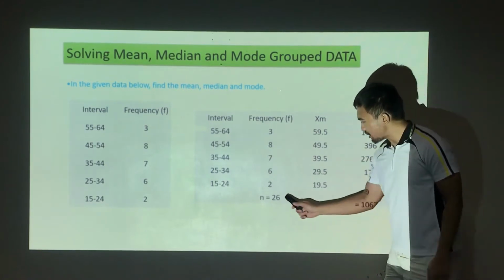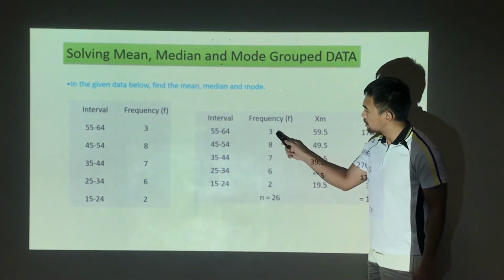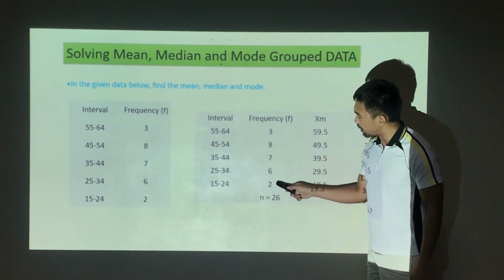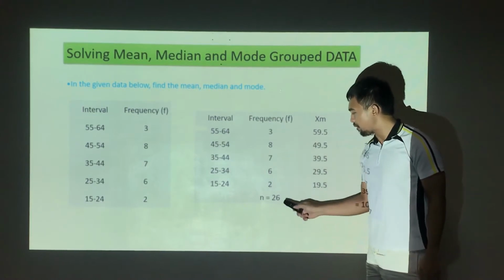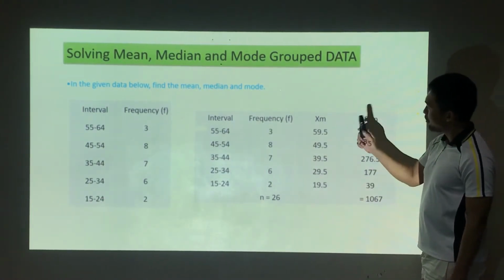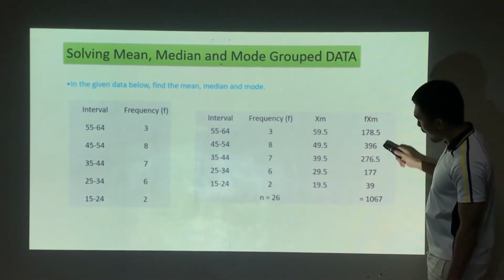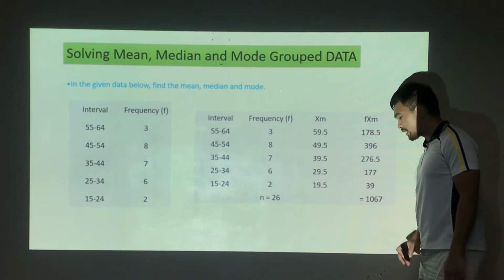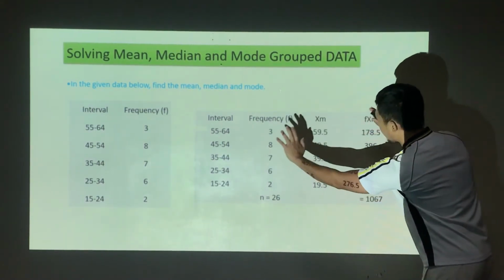This 26 is simply the sum of all these frequencies. We just add them up, and that gives us 26. Also in this part, the frequency times the class mark, we sum it all up, and that gives us 1067.